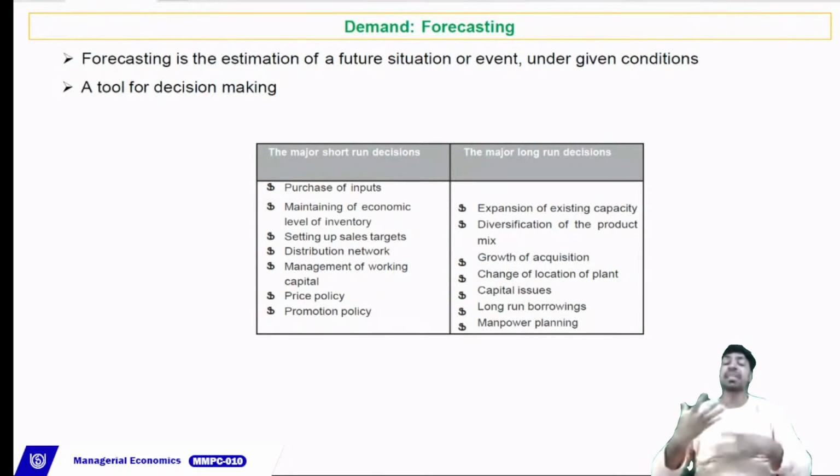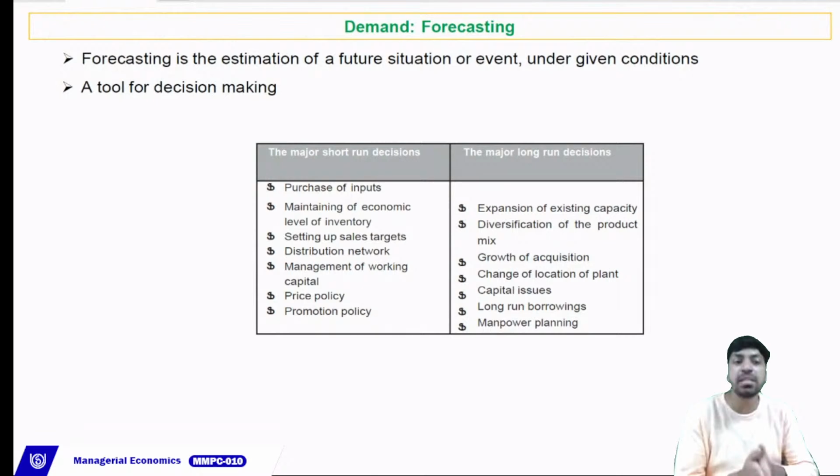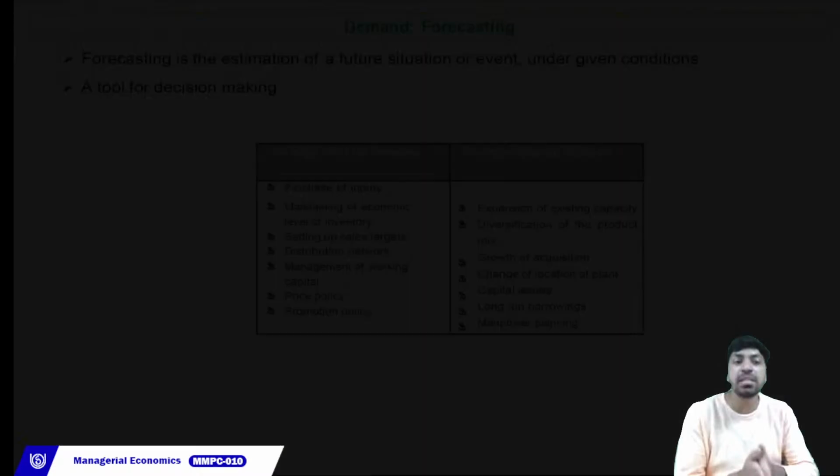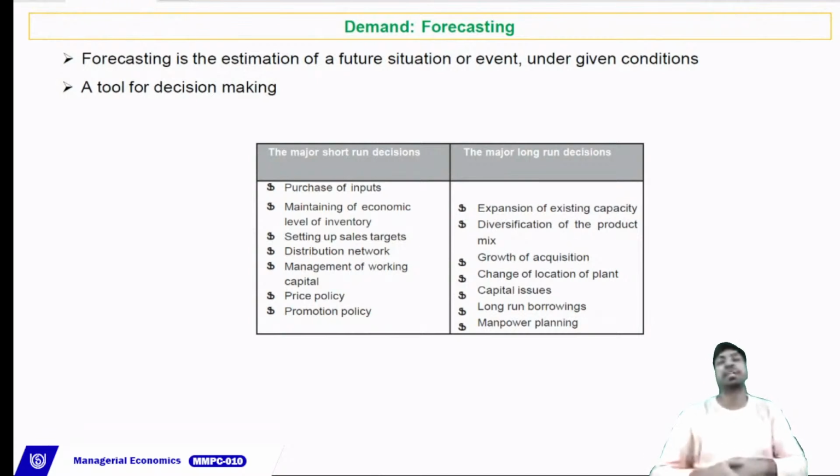These decisions are taken for the long run, and in that perspective the forecasting tool is used for the future.